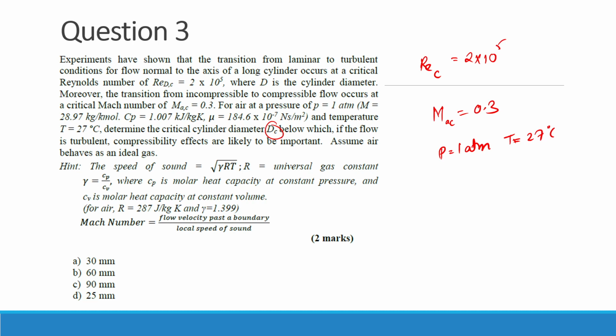So for these scenarios, we have to find this critical cylinder diameter DC. That is, at this critical Reynolds number, we have to find the cylinder diameter DC.